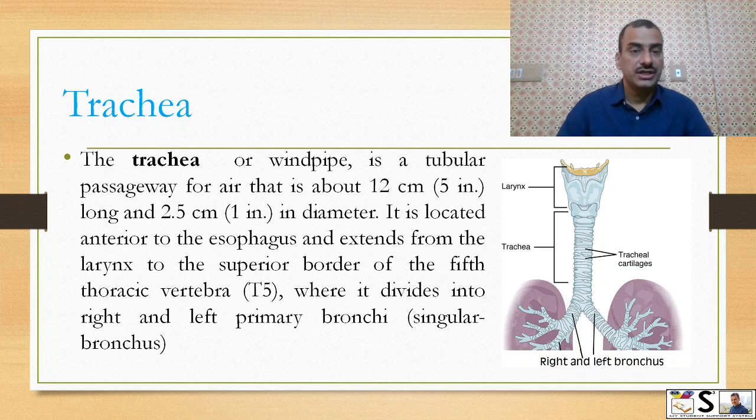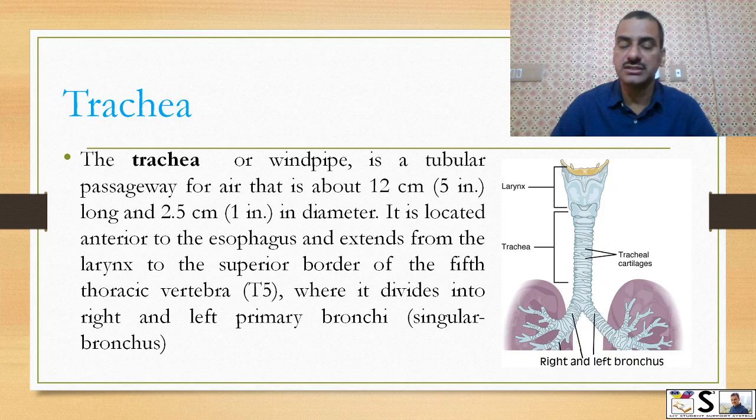Trachea. The trachea is also known as the windpipe. It is a tubular pathway for air that is about 12 centimeters long and 2.5 centimeters in diameter. It is located anterior to the esophagus and extends from the larynx to the superior border of the fifth thoracic vertebra, where it divides into right and left pulmonary bronchi.